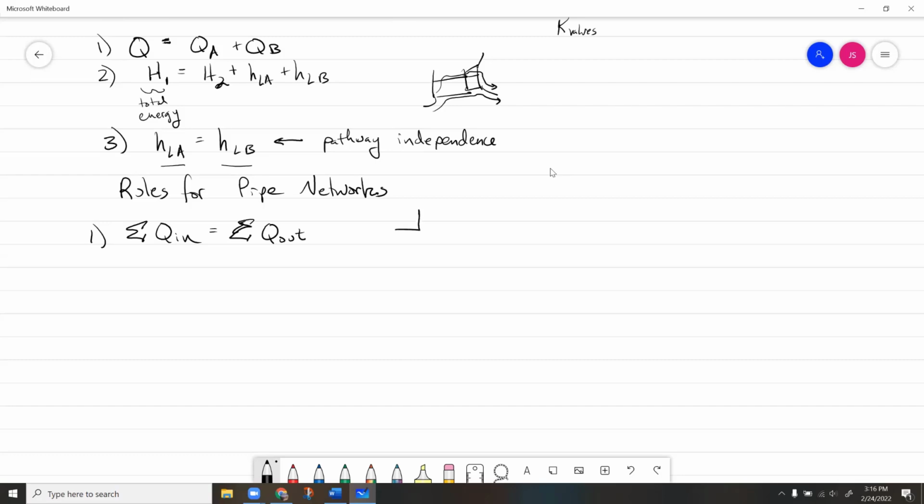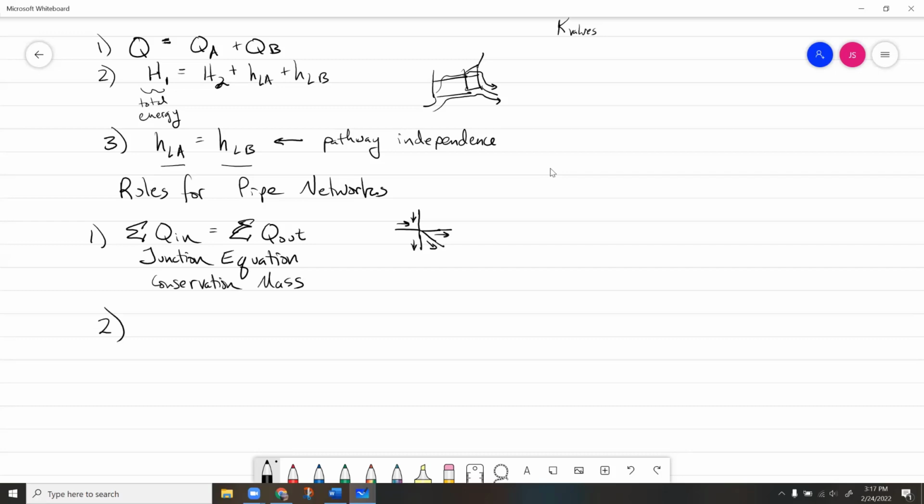And you could imagine a more complicated situation like this. So we have flow going in this way, and then we could have flow leaving this way, right? And so intuitively, of course, we know that what's going in has to equal what's going out. And this is what we call the junction equation. Junction as in pipe junction, also known as conservation of mass, as Gina pointed out.